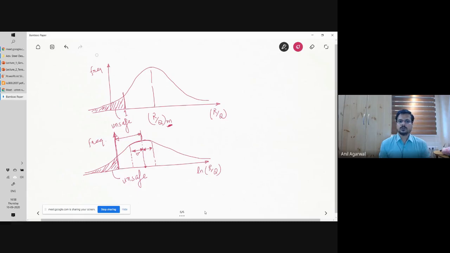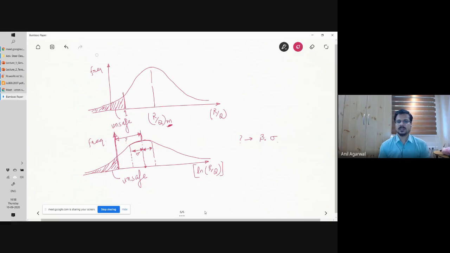Okay, so I can shift my R by Q mean away from this boundary line of safety by doing what? By fixing this distance, and I can express this distance as a factor beta times the standard deviation sigma, and that standard deviation is the standard deviation of ln R by Q.